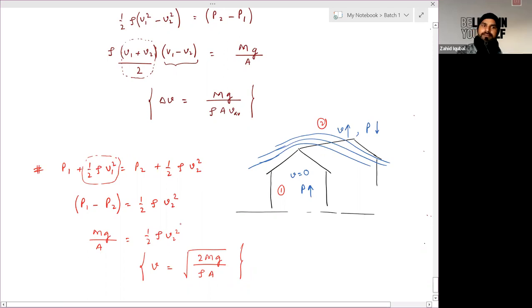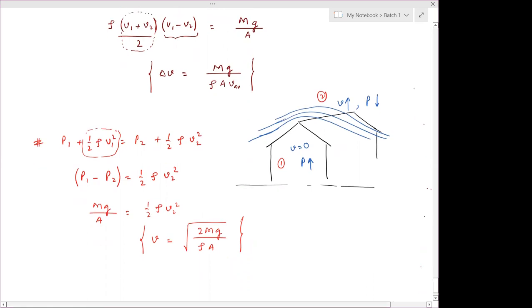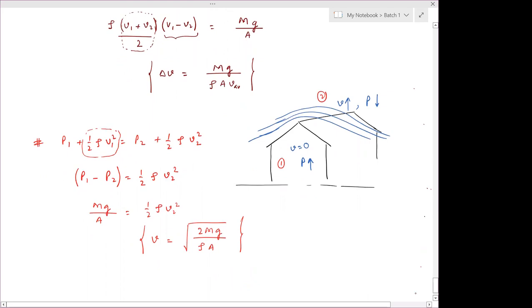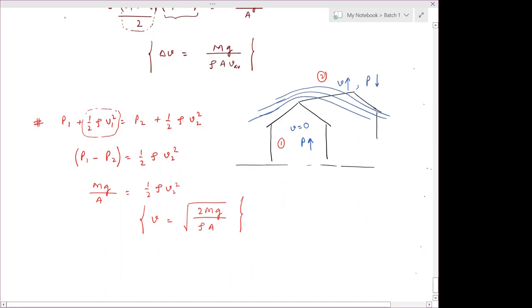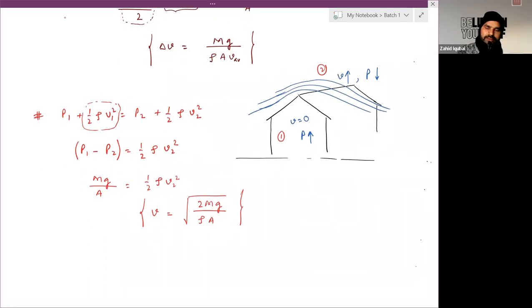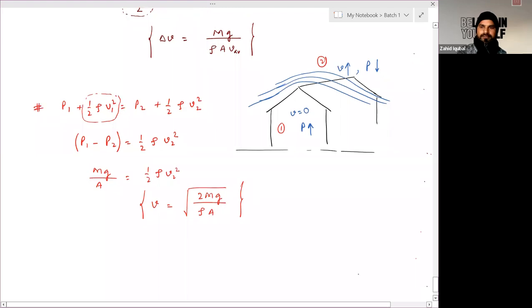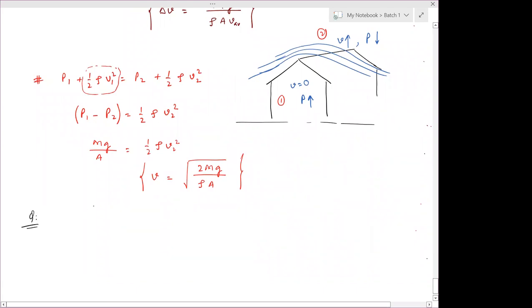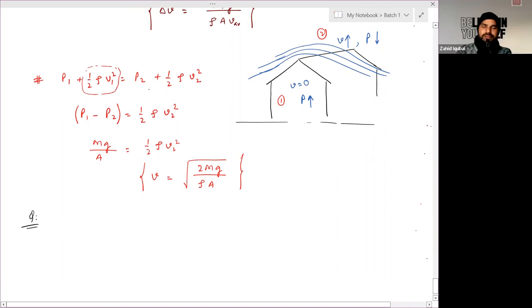Is it clear? Yes, sir. Hiba, any doubt? No, sir. Let me give you a question related to this part. Sir, what if there is some velocity inside the house? So we may take the difference of these two terms to find it. Okay, sir.